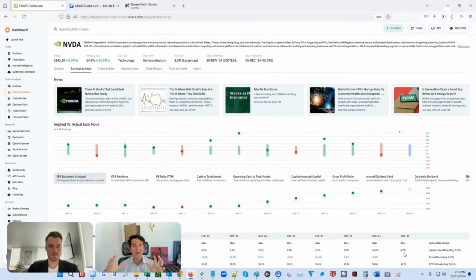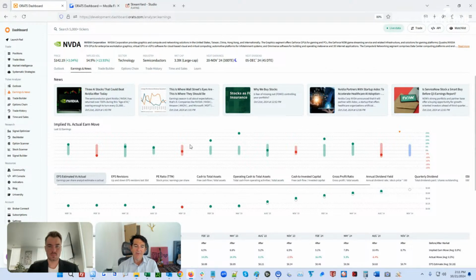So let me say that again: in the market currently, the implieds are much lower than the average actuals. This is bucking the trend in the sense that this is generally higher than it's been and higher than the actual move.